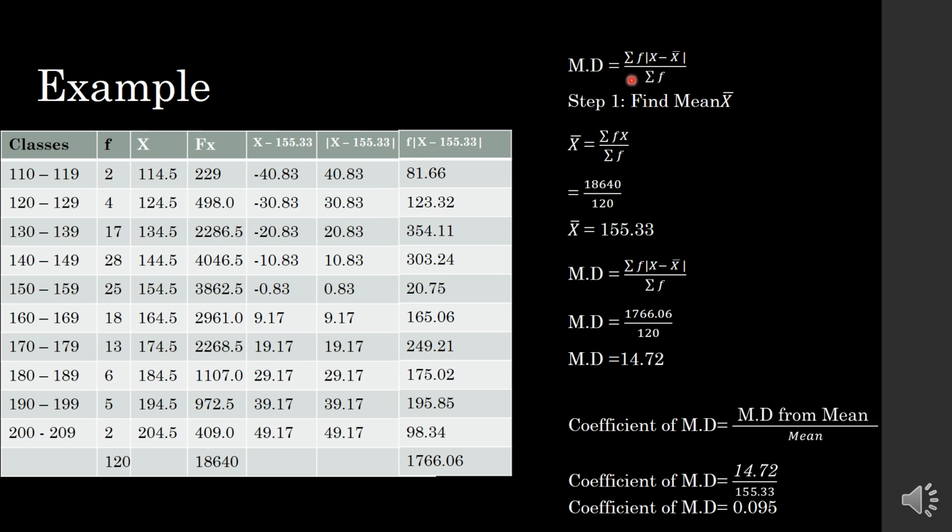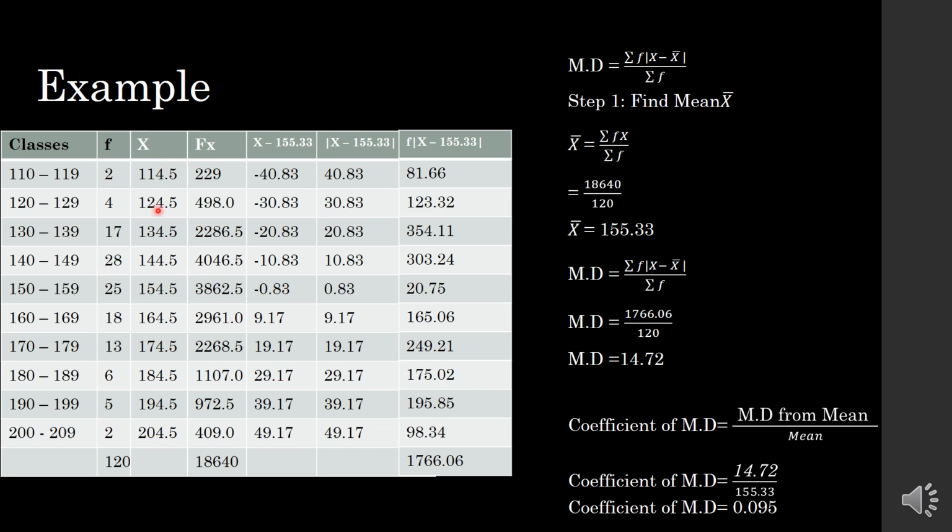From the mean deviation formula we need to find, first of all, the x minus x bar column. The x minus x bar column means that from all the values of x we need to take a difference from the mean, which is 155.33.